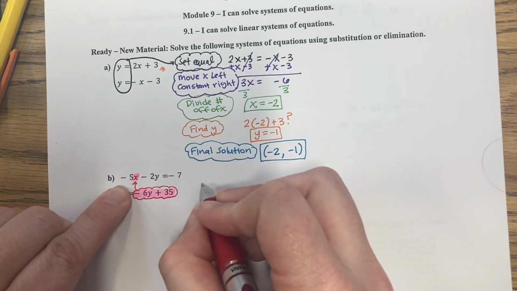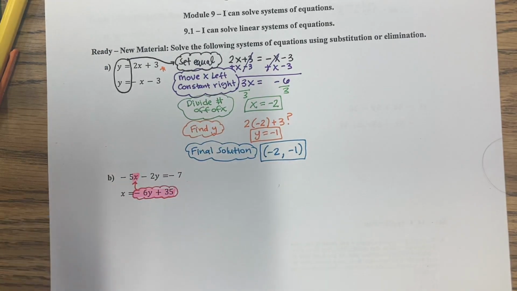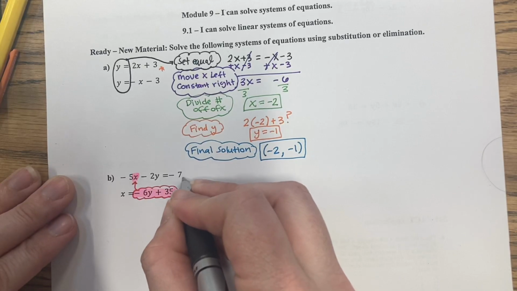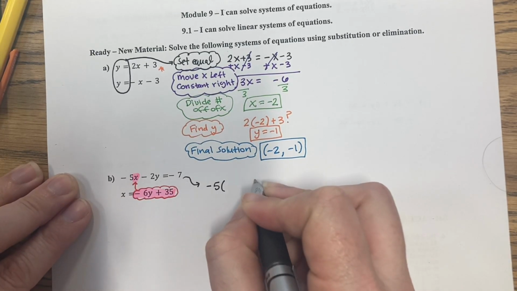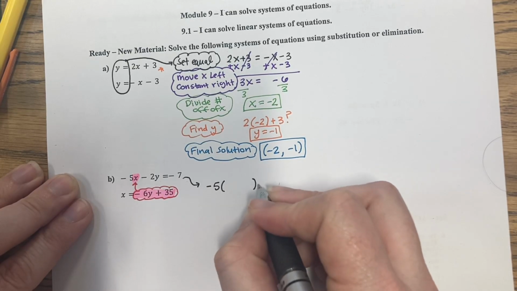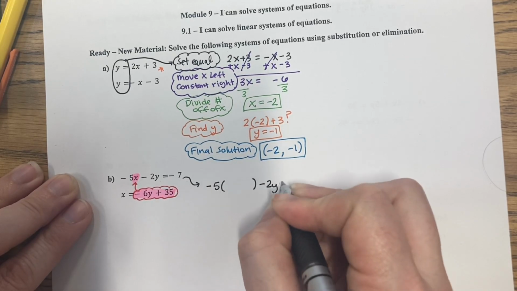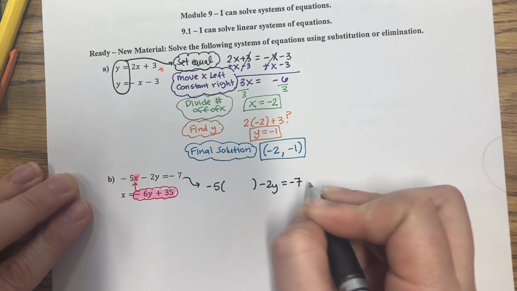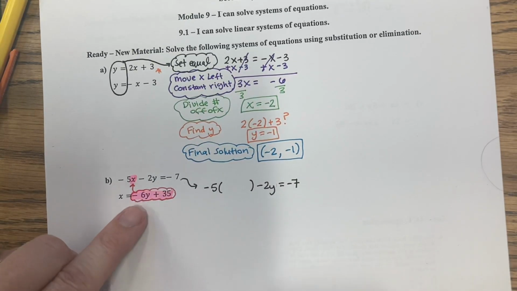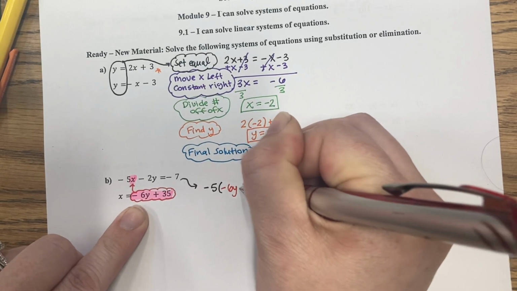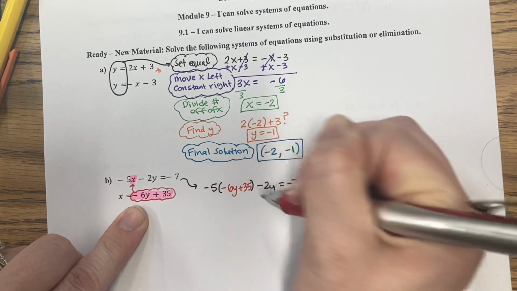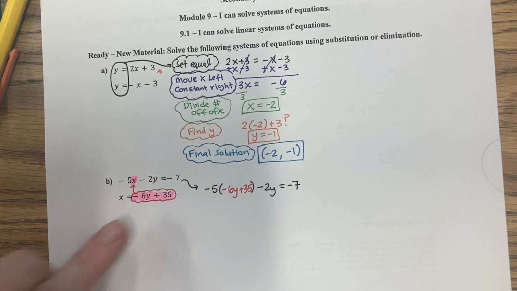So I'm going to write negative 5, plug in here, minus 2y equals negative 7. This pink bubble part is what fills in the parentheses.